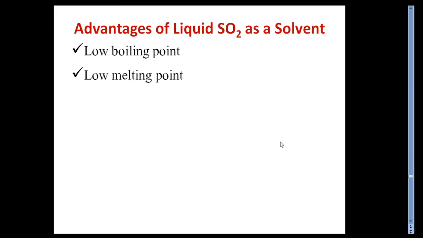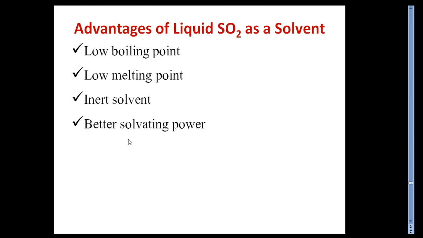There are a number of interesting and valuable reactions performed at very moderate, lower temperatures, and that's why it's also useful. Next is inert solvent. It is overall an inert solvent, so it is not affected by surrounding chemicals that come in contact, and the reaction proceeds smoothly without affecting the solvent itself.